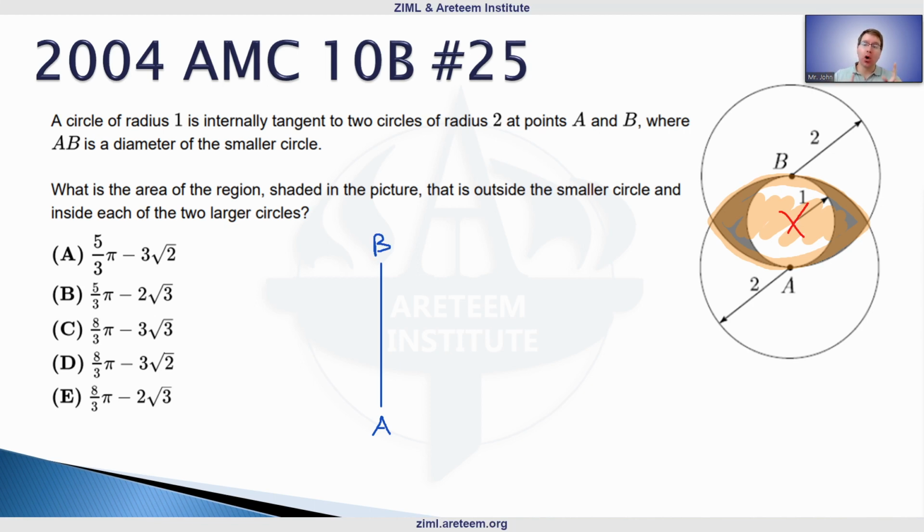And note it's also the radius of the two outer circles, because those circles each have a radius of 2. The inner circle has a radius of 1, so its diameter is 2. So this 2 is a radius of that outside circle, both of them as well.